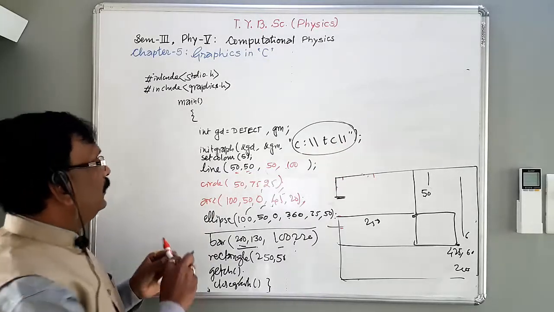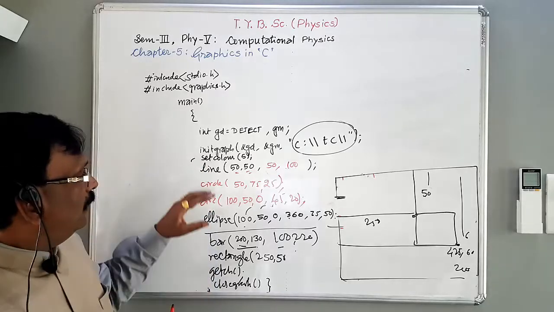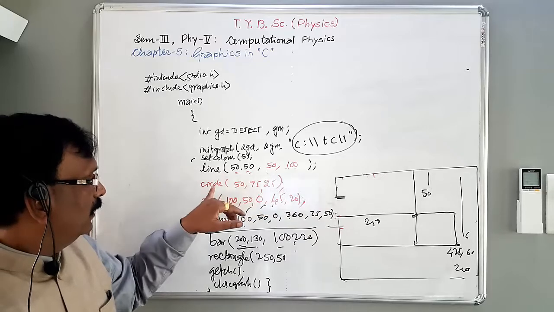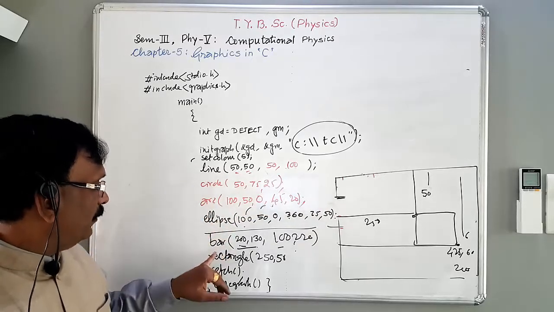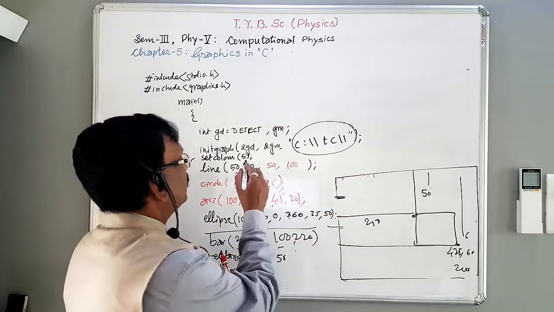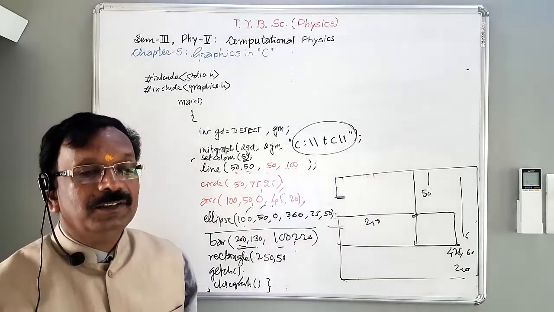And when we use the setcolor function, we will get the previous figures, that is line, circle, arc, ellipse, bar, rectangle with magenta color, because we set the color of the figures on the computer screen.